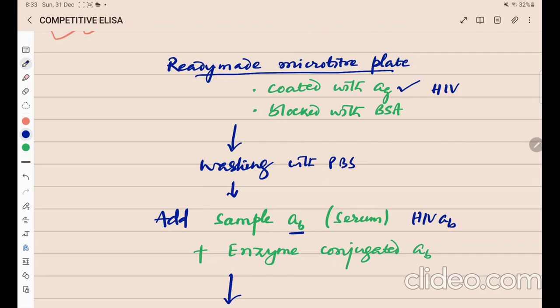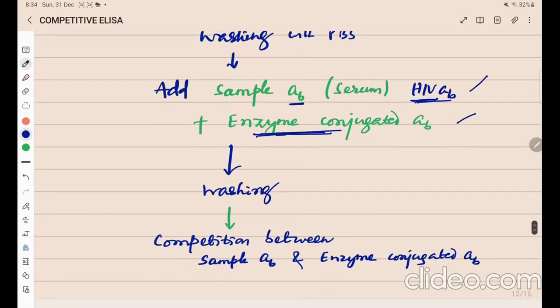Now there will be competition between this and this. If the person is HIV positive, that means this antibody is available, then it will bind. If the patient is HIV negative, that means this antibody is not there, so this will bind. If this binds, then there will be a change in color when we add the substrate. If this binds, that means this does not bind, so there will be no change in color. This is the principle. Then we will have washing.